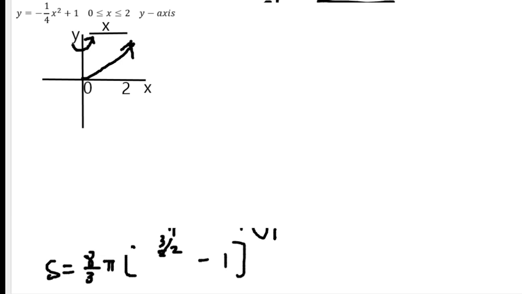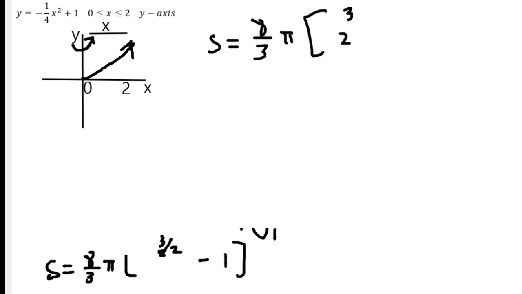Just 1, because if you take the cube root of 1, 1 raised to the power is 1, square root of 1 is 1, so just 1. Got 8 third pi. And we have 2 here, and that's going to be 3 over 2 minus 1.